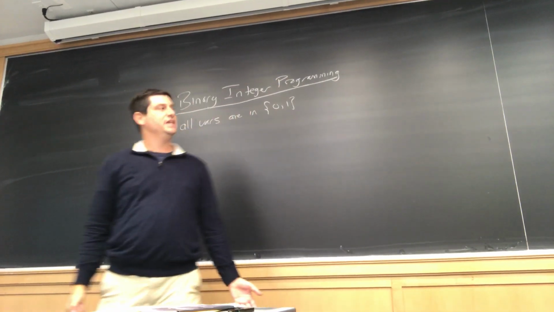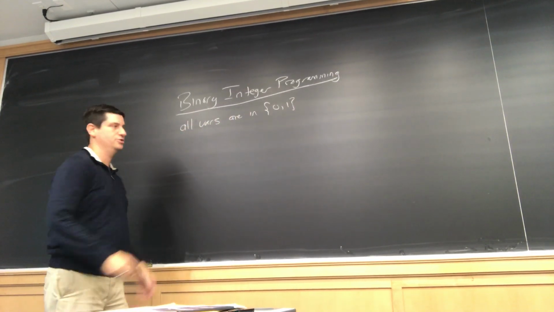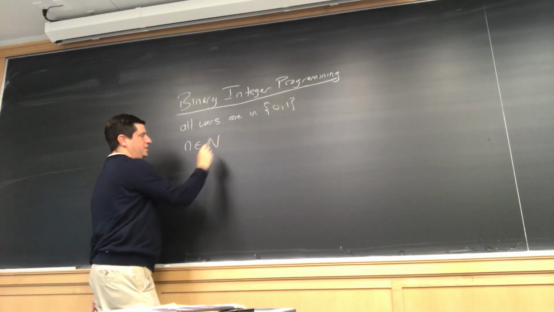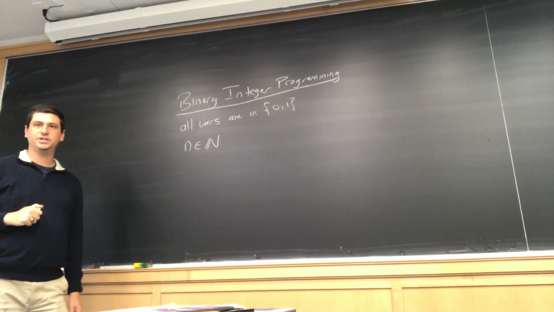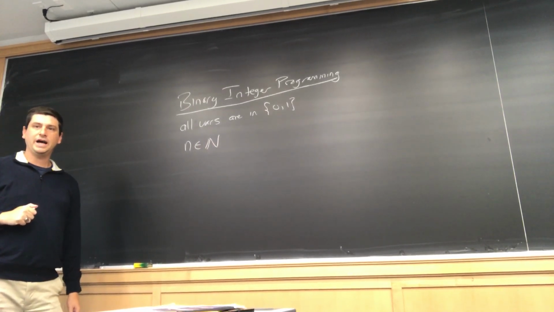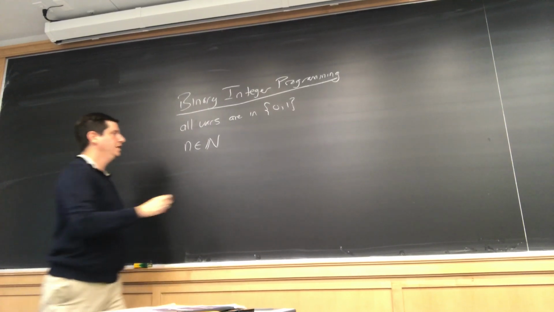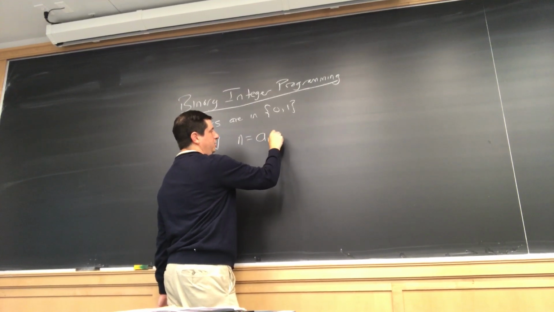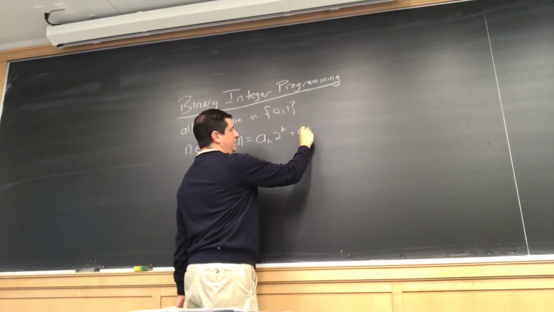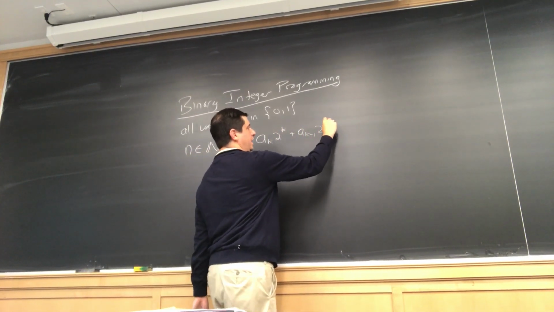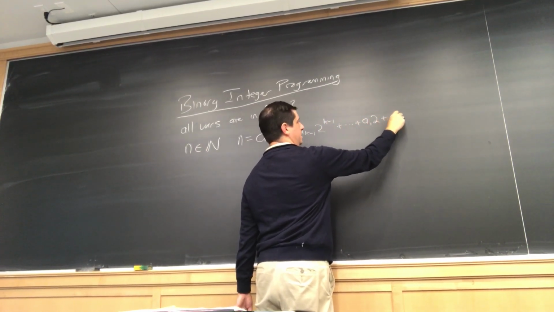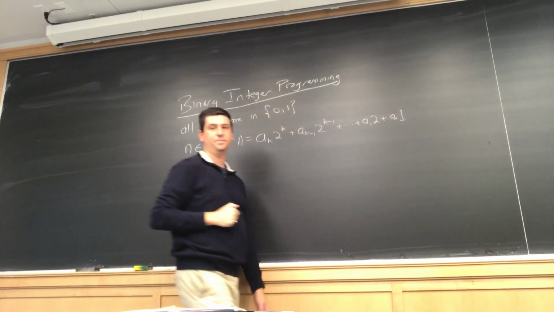So the real question is, is it a restriction to lose the integers? Let's say n is an integer. We'll say it's a natural number. I'm not going to worry about sign. I can write the number in binary. I can write n as a_k 2^k plus a_{k-1} 2^{k-1} plus ... plus a_1 2 plus a_0 times 1.